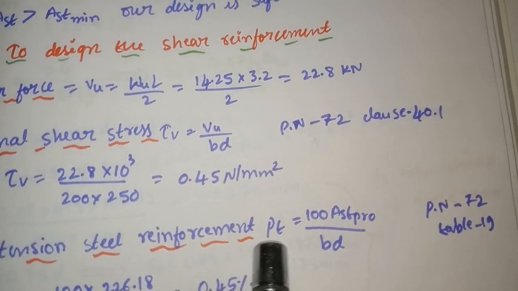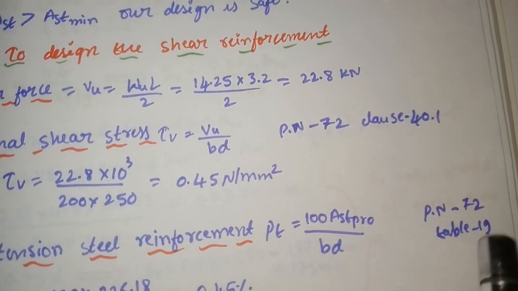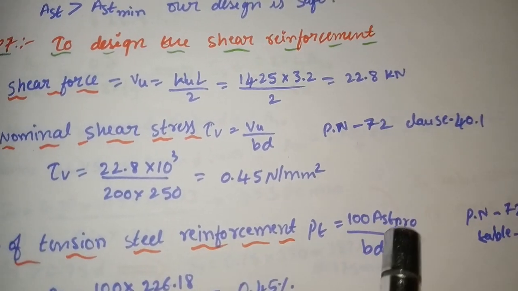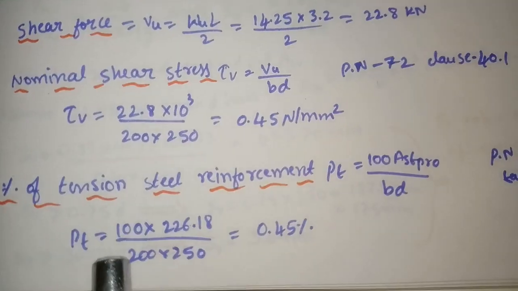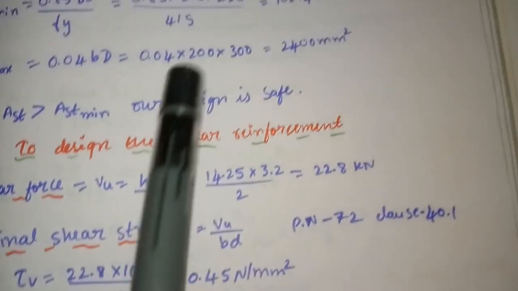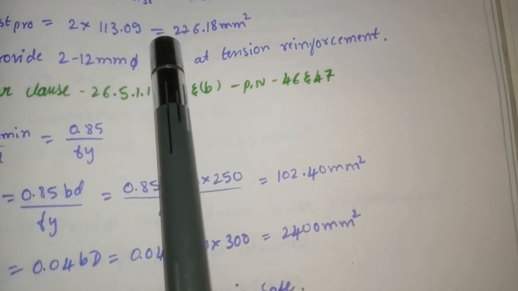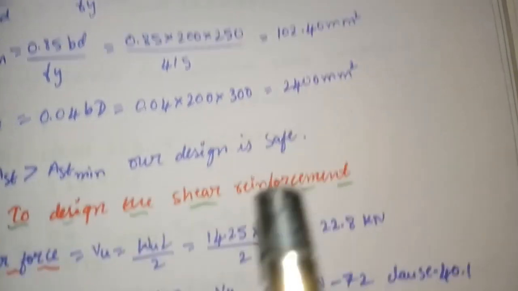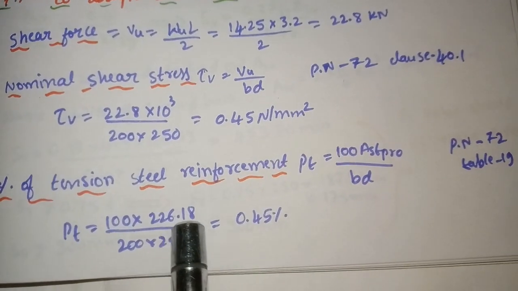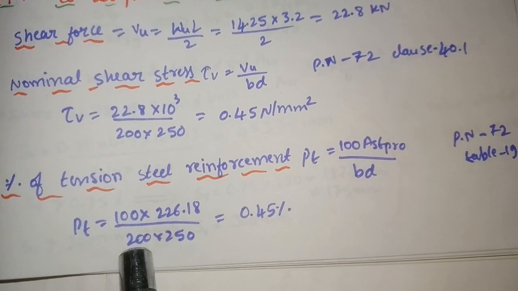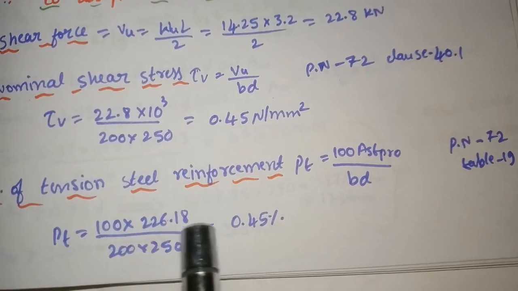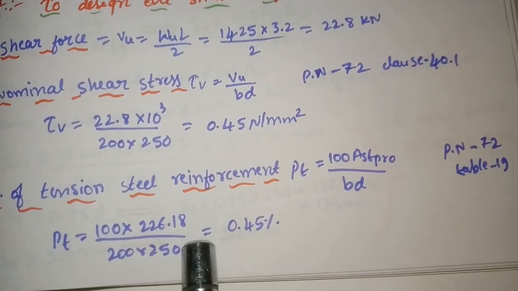This formula is given on page number 72, table number 19. So PT is equal to 100 into AST provided, which we got as 226.18. Substitute that value, 226.18 divided by B into D. After simplifying we'll get our PT value as 0.45%.